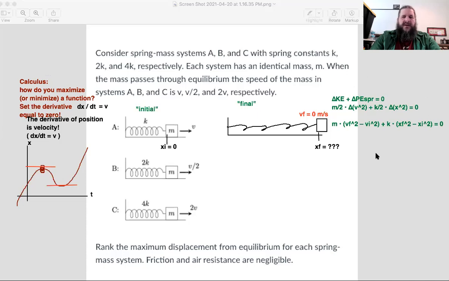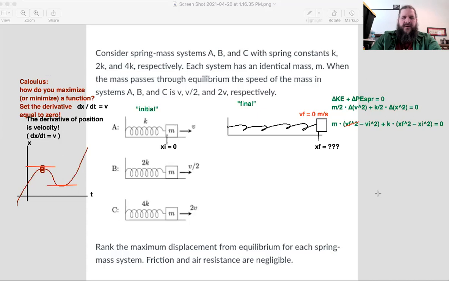And generally, I would recommend solving everything you can with variables and then plug in the numbers at the very end. In this case, we don't even have any numbers to plug in, except if some of the values are 0. 0 is important. If some of the values are 0, I would go ahead and plug those in. Like, what values do we know are 0 here? Yeah, specifically the final velocity is 0. V final is 0.